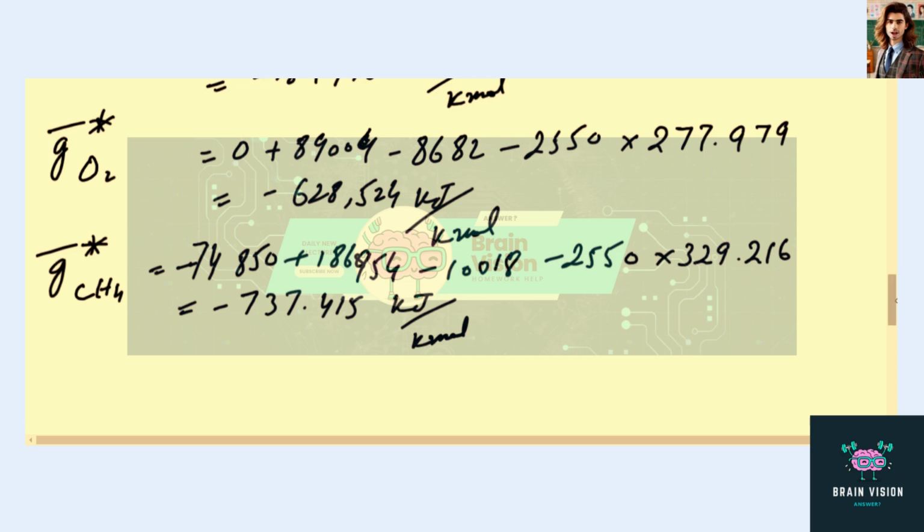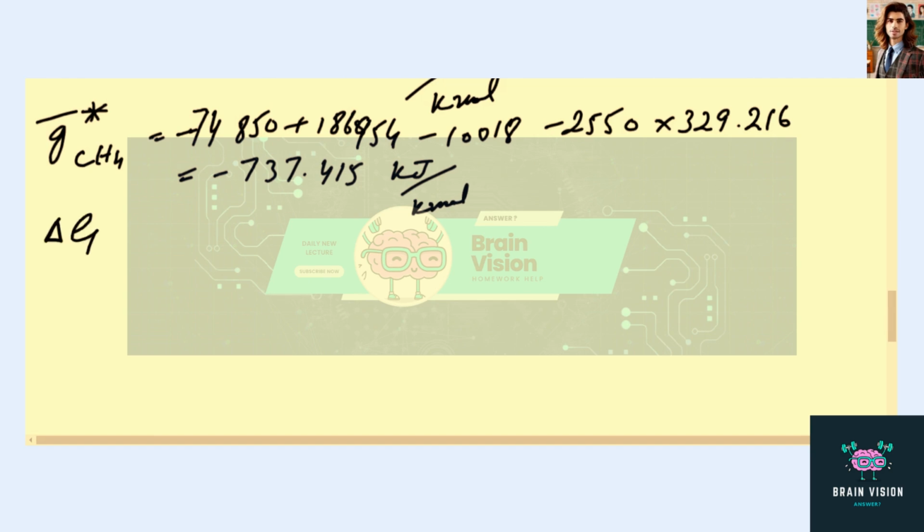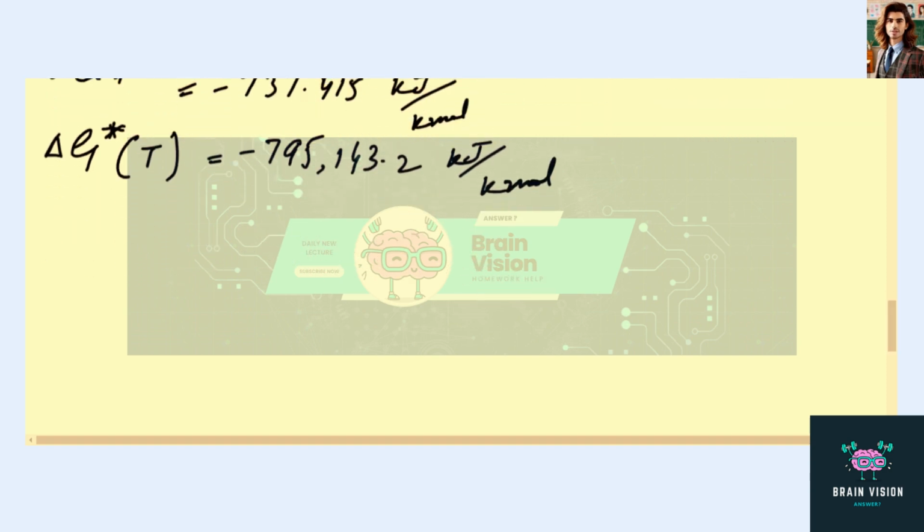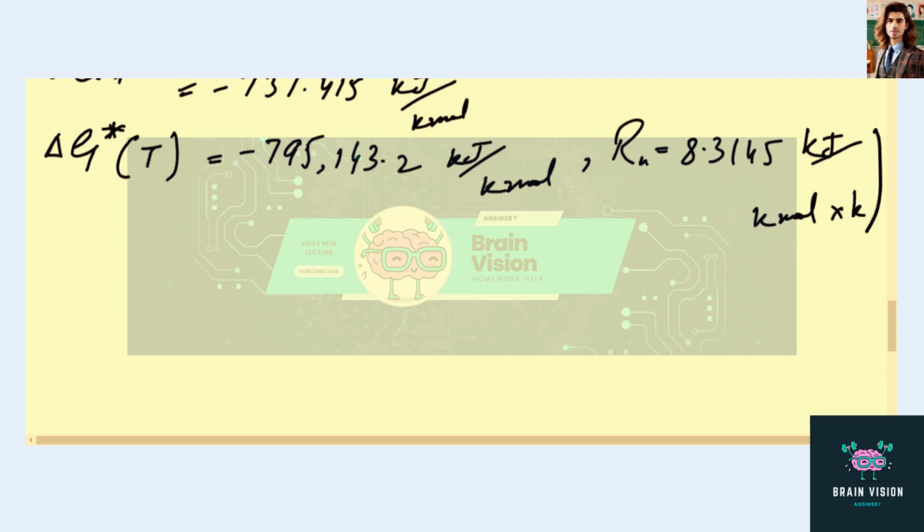By substituting the values above, we get delta G asterisk of T as minus 795,143.2 kilojoules per kilomole, so that the natural logarithm of the equilibrium constant at temperature 2550 Kelvin would be, with Ru equal to 8.3145 kilojoules per kilomole Kelvin, natural log Kp is equal to 37.503.